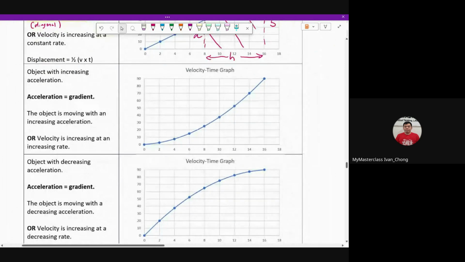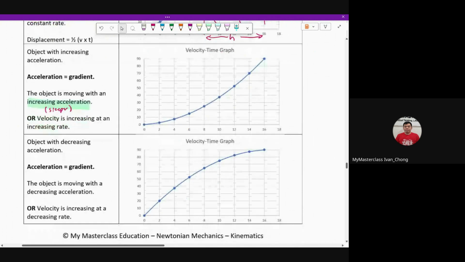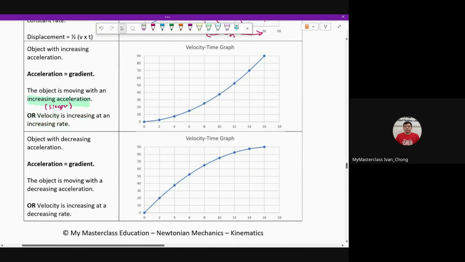Now for your curves, you need to be careful. Same thing, because this is getting steeper, you have increasing acceleration. So don't worry, for curves, they will not ask you to calculate the distance or displacement because there's no formula that you learn in your current syllabus that allows you to do that.